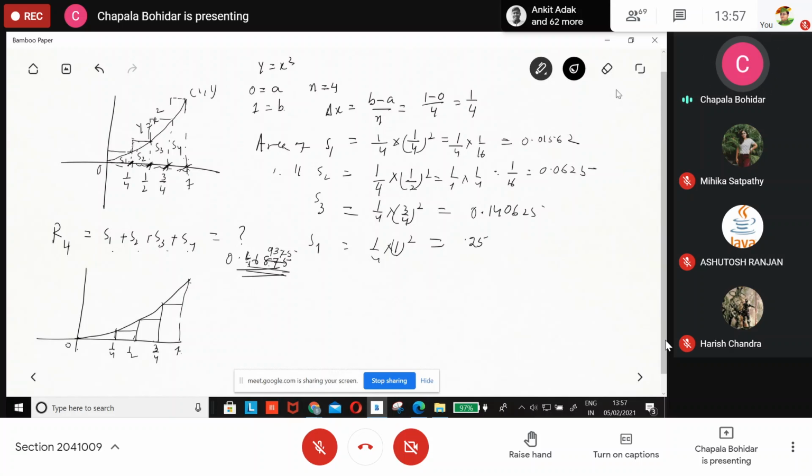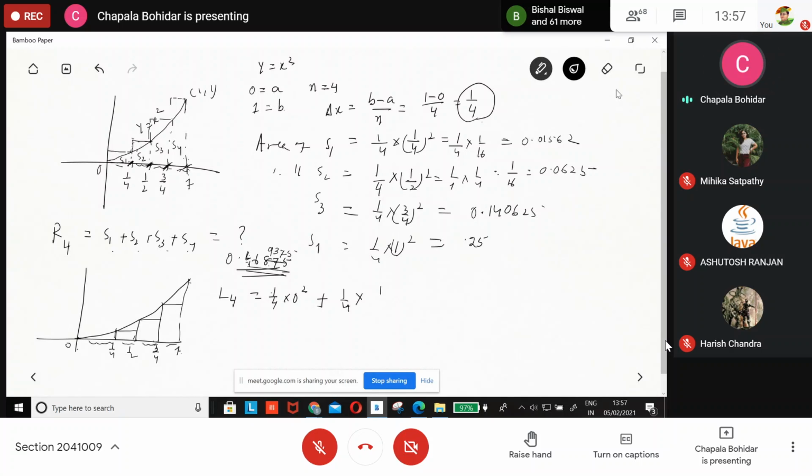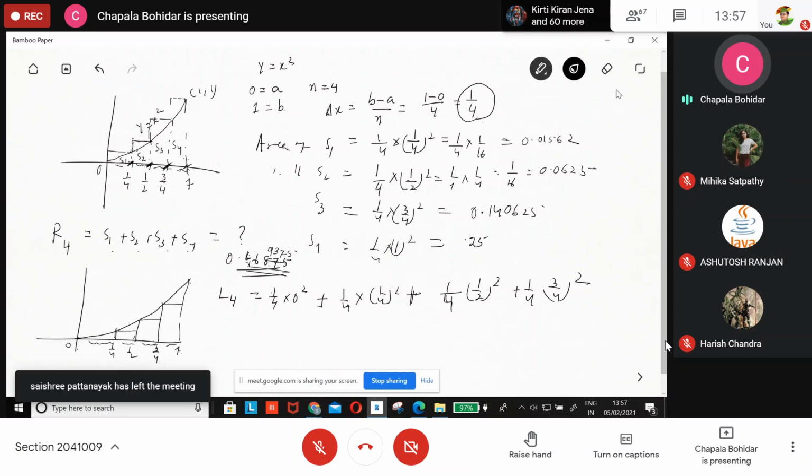So for the left end point, L4 is equal to 1 by 4 into 0 square, first one, then plus 1 by 4 into 1 by 4 square, plus 1 by 4 into 1 by 2 square, plus 1 by 4 into 3 by 4 square. The width is the same for each one. So simplify and get the result here.